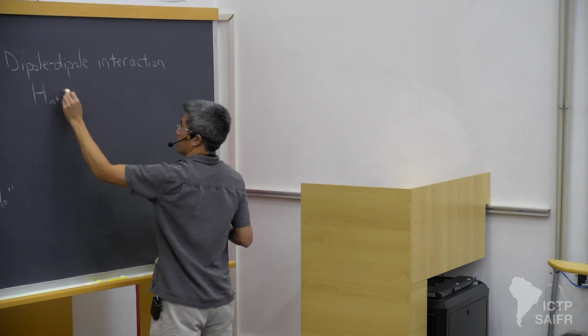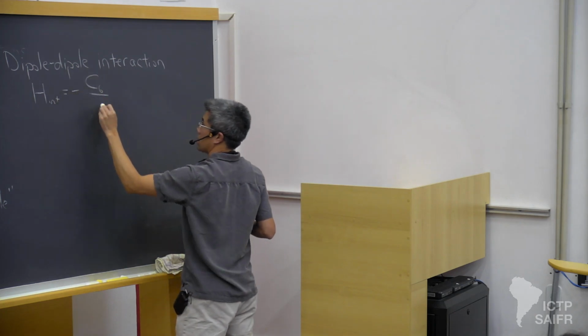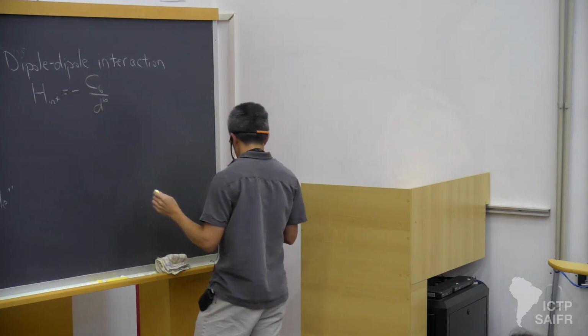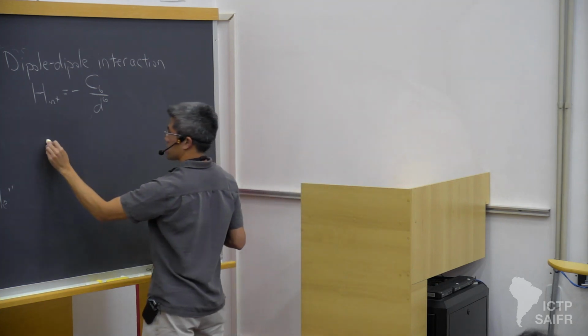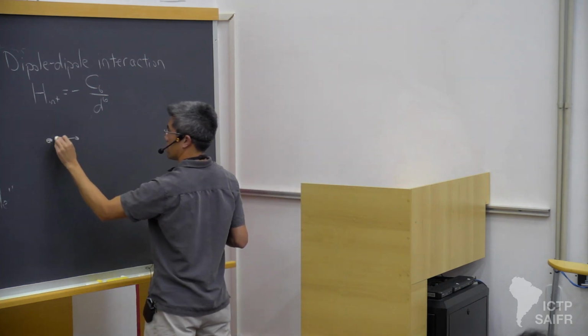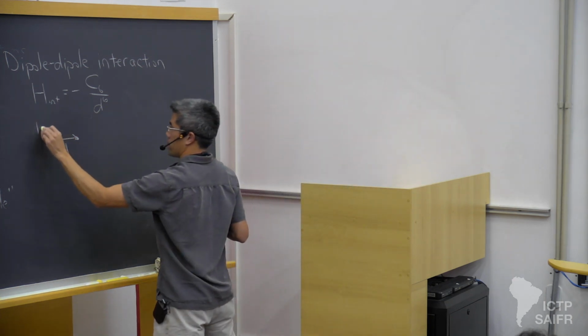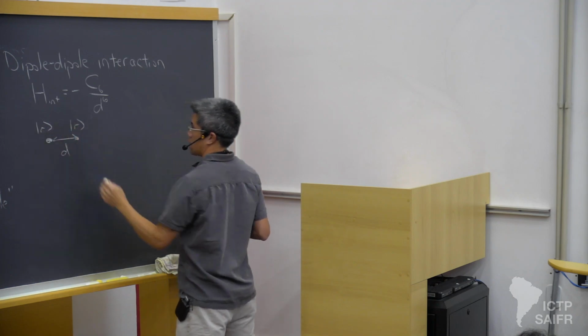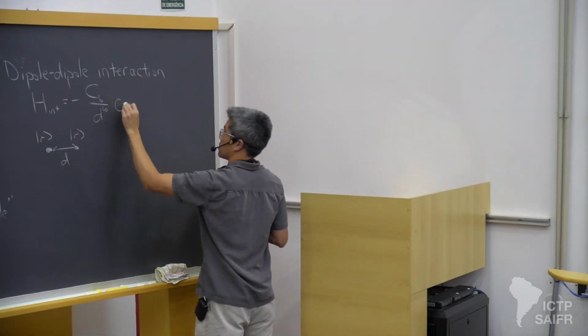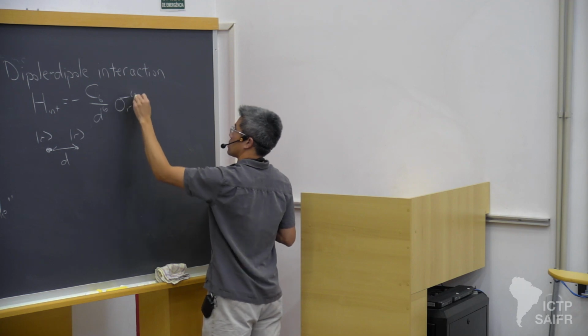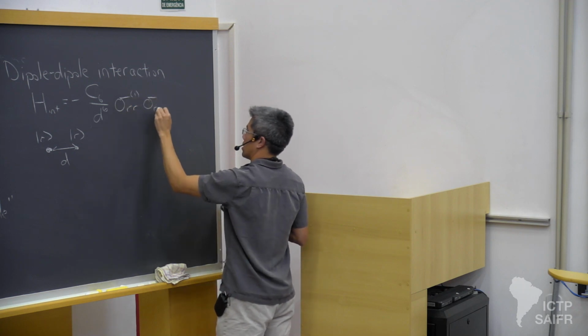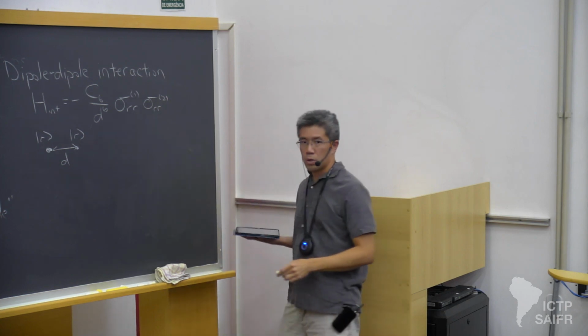Which takes the following form. Marcello also mentioned this yesterday. You get an interaction that scales like the distance. So we have two atoms separated by a distance d. And if they're both in the Rydberg levels, you get this dispersive interaction where the energy level of one Rydberg is shifted by a large amount relative to its bare value.